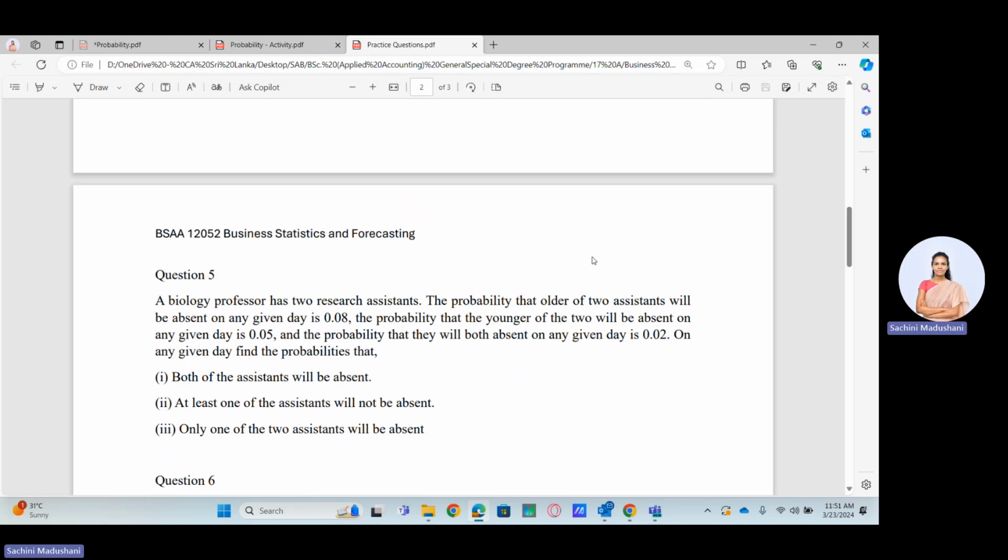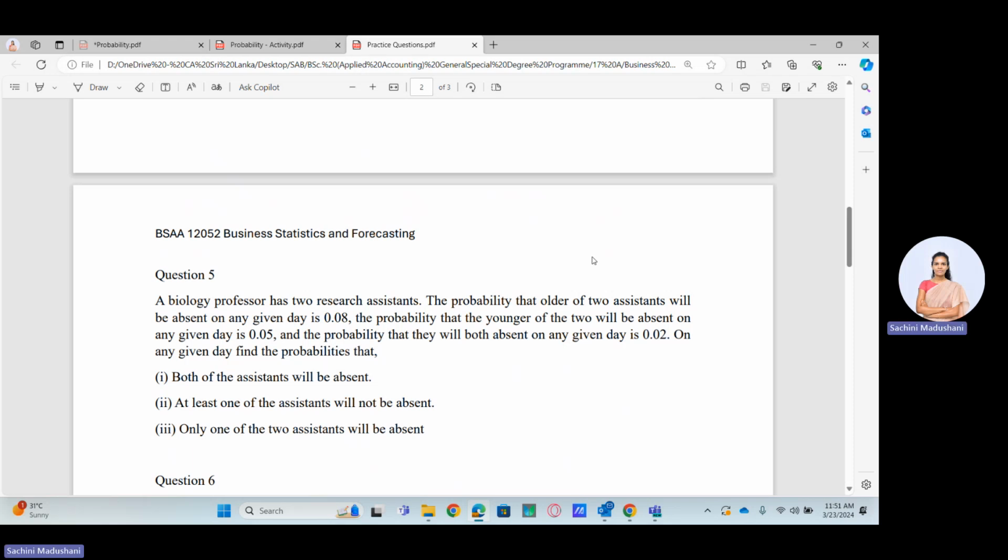Understood? Then this part shows only B will be absent. Another way we can say only A will not be absent. Then this area and this area, and this area shows both will not be absent. That is the meaning of at least one here. What is not included here? Both will be absent. So we can take the intersection, then subtract from 1, and we get that probability.